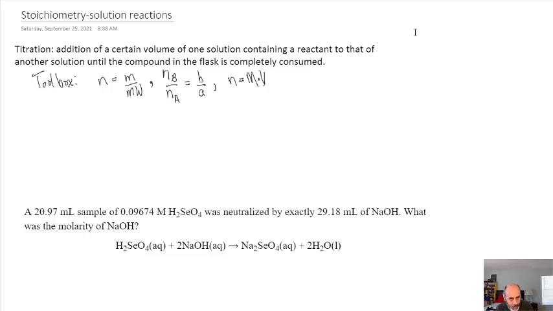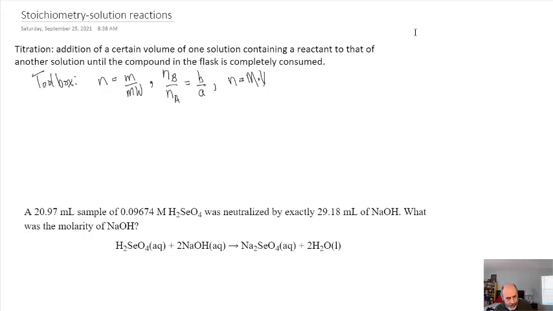Now in this one, the first one, we know the volume of both solutions. We know the molarity of one of the solutions, so we should be able to figure out the molarity of the second solution. Excuse me. So how do we do that?